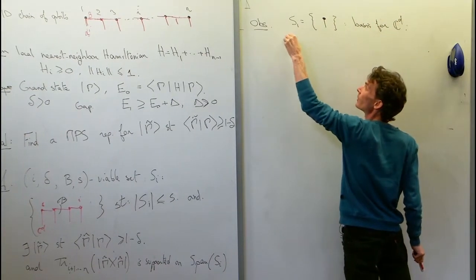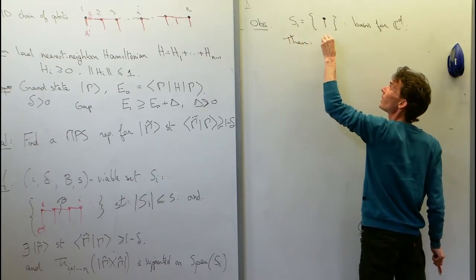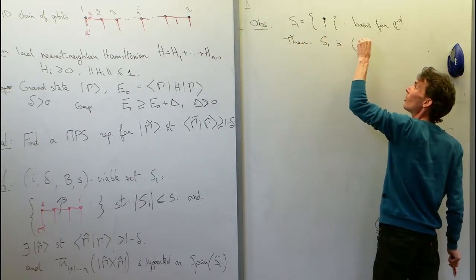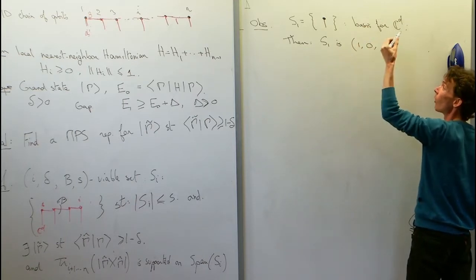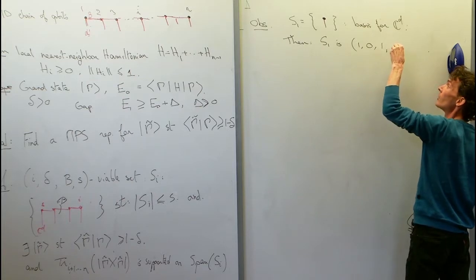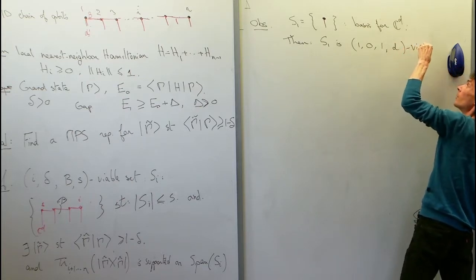Then the claim, just practicing with the definition, is that S_1 has bond dimension 1 or 0, I don't know what you call it, and then the size, there's going to be d vectors.